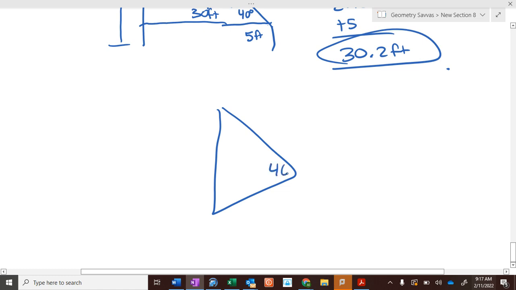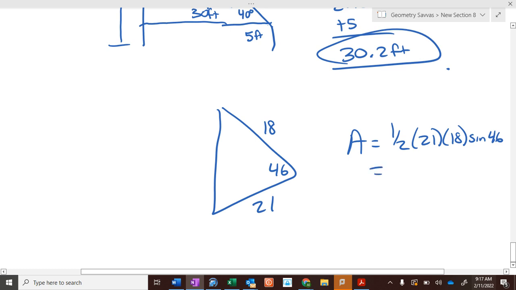Okay, last one. If this is 46, this is 18, and this is 21, what's the area of this triangle? It's 1/2 A, B, sine of C. When side angle side, you go the two sides times each other times the sine of the angle in between.